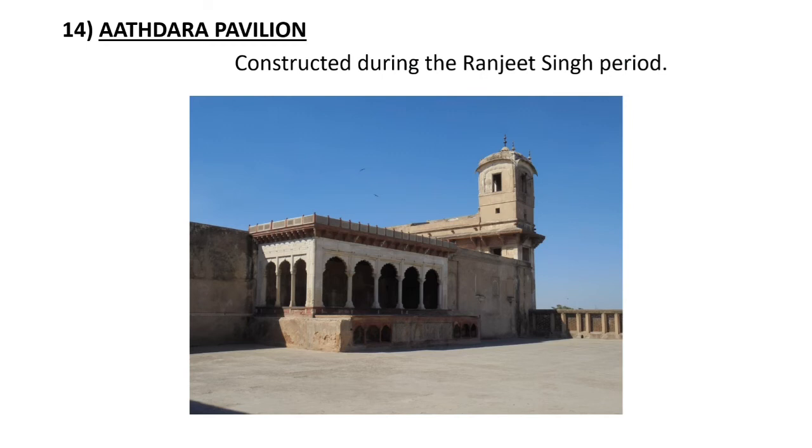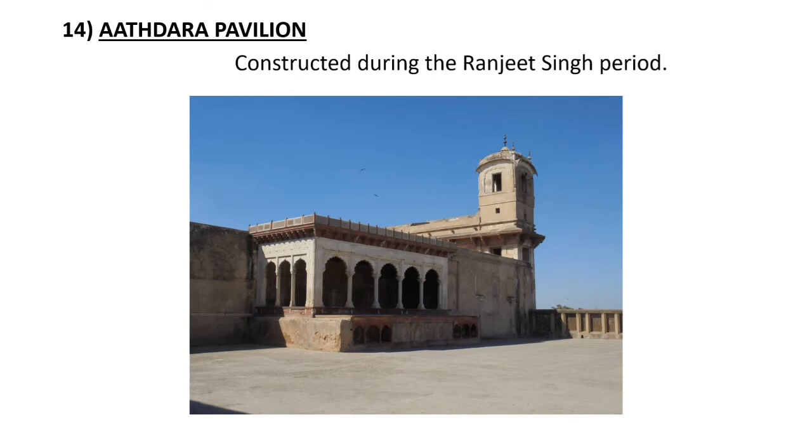Dear students and colleagues, inside this Agdara pavilion, just above the dado level up to the cornice molding, there are different types of scenes from Basant. This kiting festival is one of the main features of the Hindu community and Sikh community, and quite frequently they celebrate this particular festival.